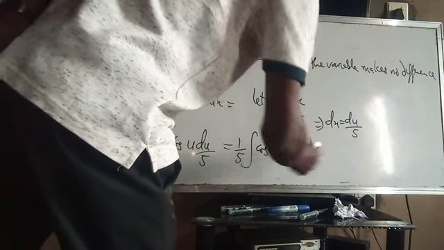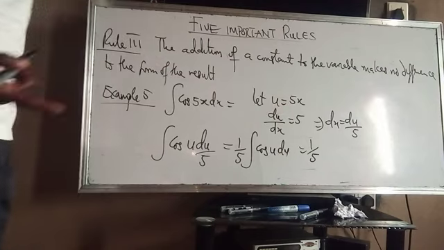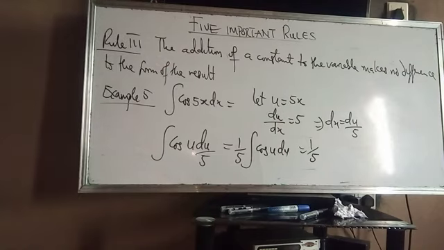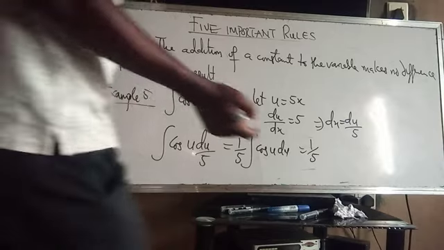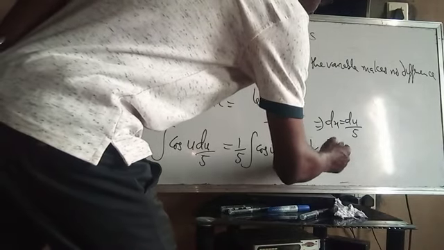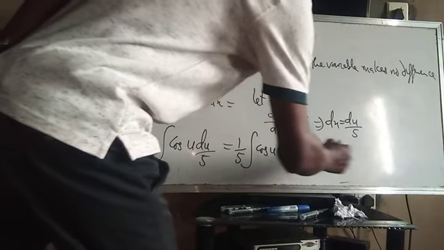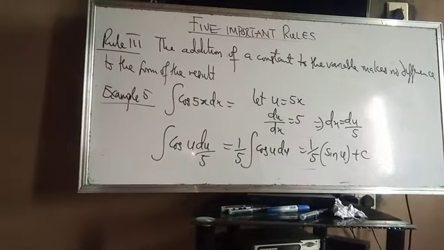And when you integrate cos u du, it's like you are integrating cos x dx. So that will give you sine u plus c. You remember? Because when you integrate cos x, it will give you sine x.